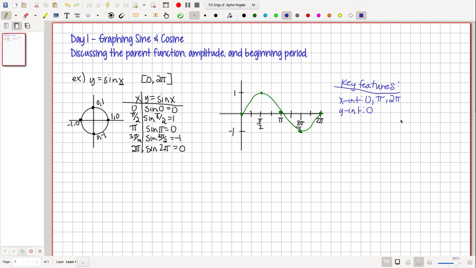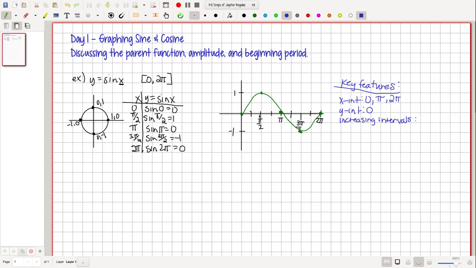Next, we have increasing intervals. Now, remember, when we are doing increasing and decreasing intervals, we read it like a book from left to right. So I'm going to start on the left-hand side and move to the right. I see that it is increasing from here to here. Now, I'm not going to put from 0 to 1. We're reading it like a book from left to right.